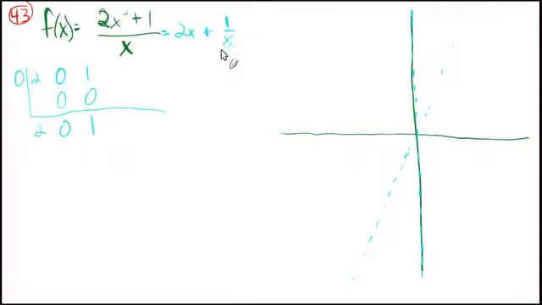Way out on the extremes, you're just not adding very much to this 2x, so it acts almost exactly like 2x, until you get in towards the middle where this 1 over x is not so small anymore. It has more influence. So that's where you get this slant asymptote, because this thing acts like the line 2x, except when you get towards the center of the graph.